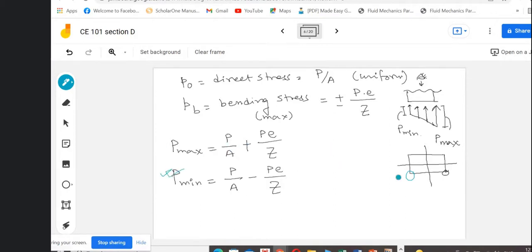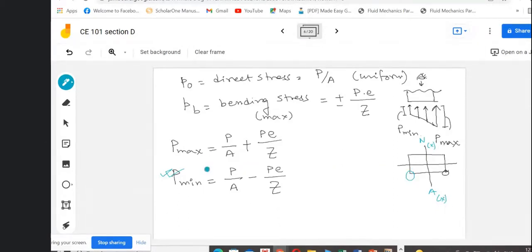So for this case, the P maximum is happening here. This is the algebraic sum of the direct stress and the maximum bending stress, because we are talking about the extremities of a section. There is the maximum distance from the neutral axis. Neutral axis also, here we have denoted as xx.